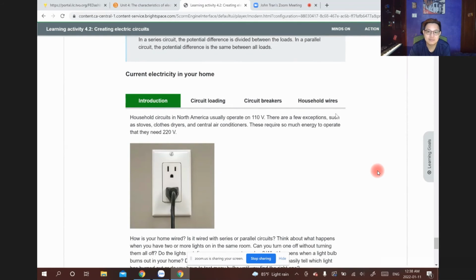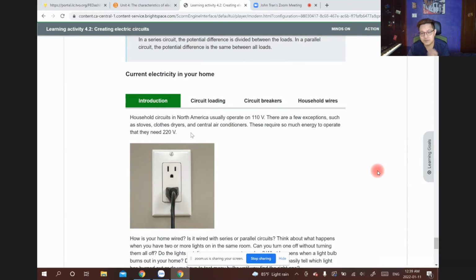There are a few exceptions, such as the dryer and central air conditioner. You know why they are exceptions for these devices? Why do we need higher voltage for those devices? Because they consume much more electricity. That's the thing. When you operate a stove, it consumes so much electricity.